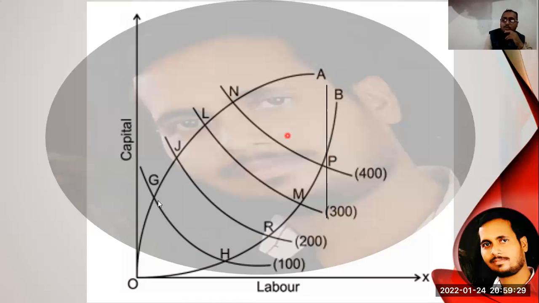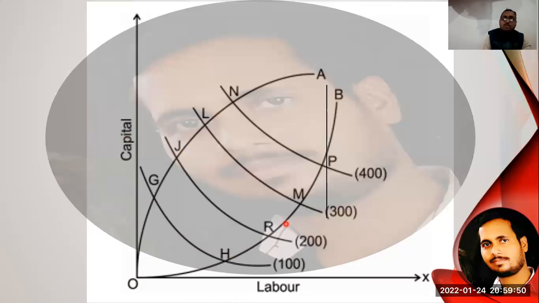So the points G, J, L, M show the upper limit of change in the capital, and the points H, R, M, P show the maximum limit of change in labor.